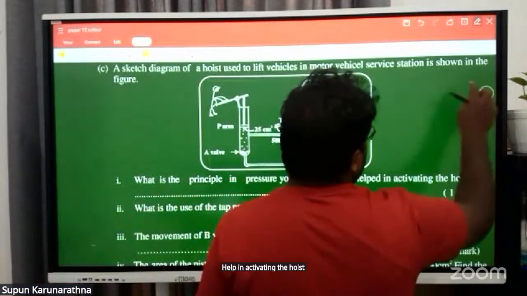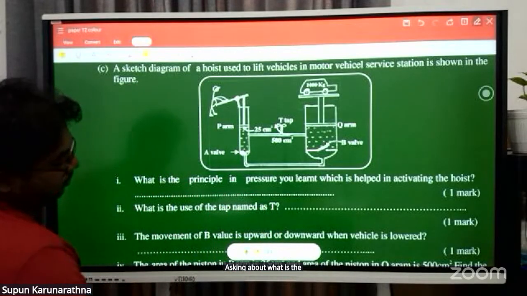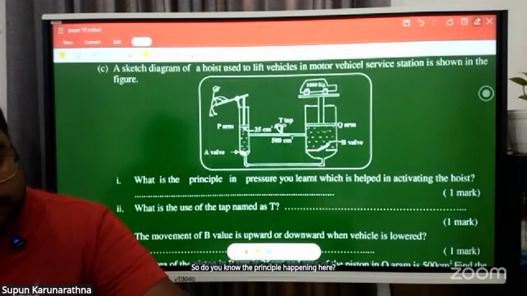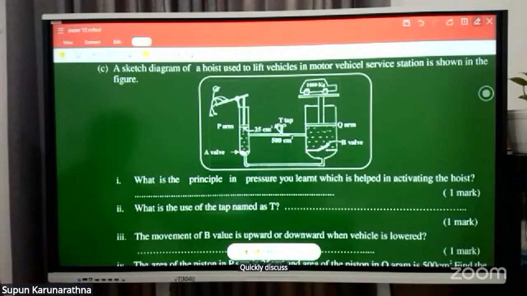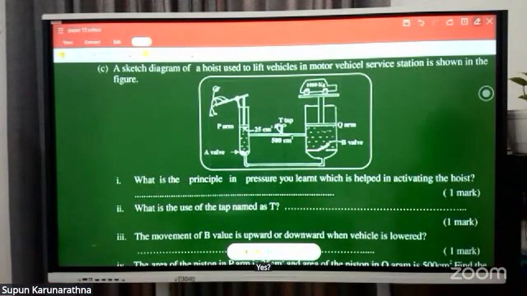Do you know the principle happening here?